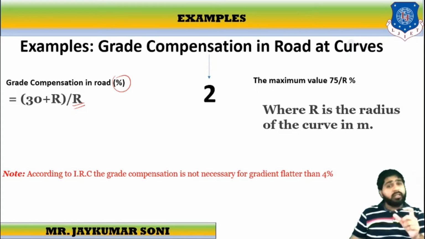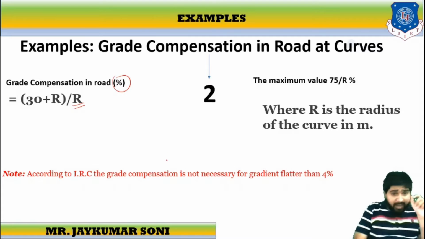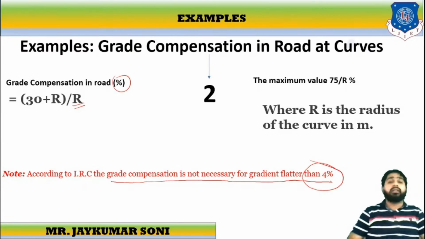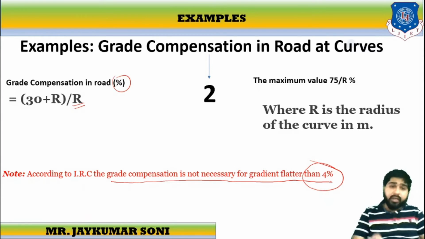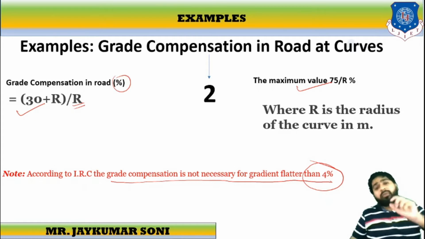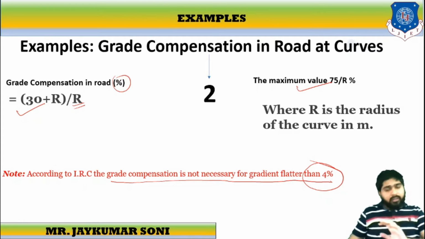There is one more criterion according to the Indian Roads Congress: grade compensation is not necessary if the terrain is flatter than 4%. So in order to provide the grade compensation, we have to apply this equation, then apply the other equation, and then check which value we should go for. Don't get confused.